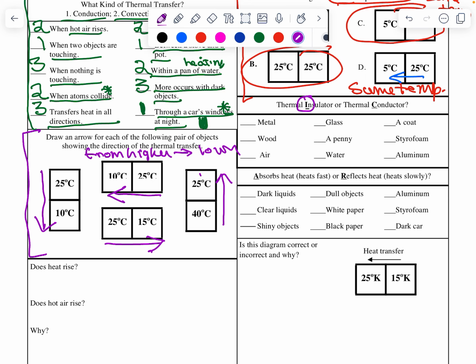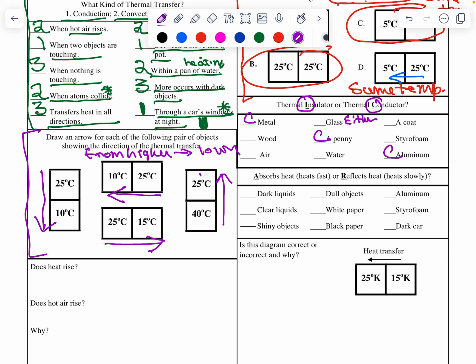Then we're going to label I for insulator and C for conductor. Remember, anything that is made out of a metal is a conductor. So a metal is a conductor, a penny is metal, and aluminum is metal. The rest of these are sort of interesting. A glass can be either.